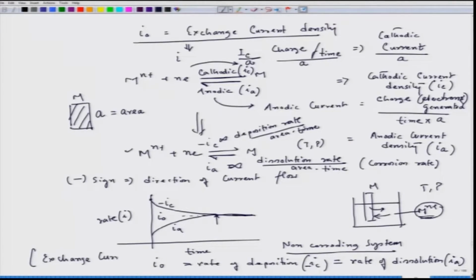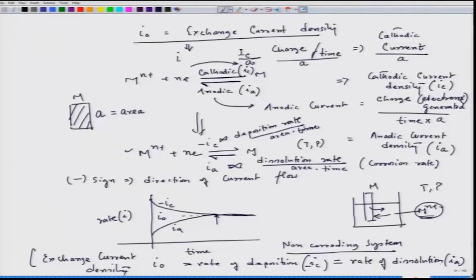That particular situation is called I0, or the exchange current density. This exchange current density is a unique value at a particular temperature and pressure on a metal surface for that particular reduction or half-cell reaction.